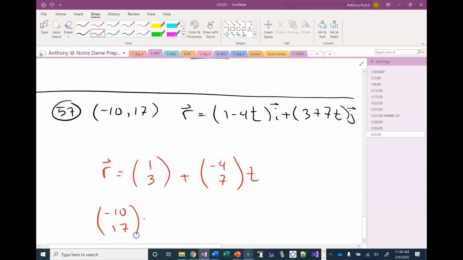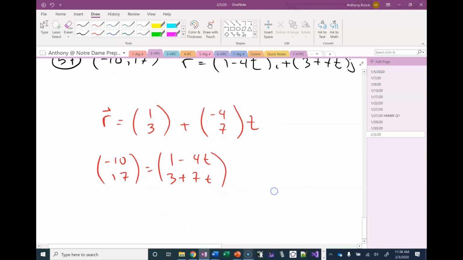So plugging in my x's and y's, I just need to solve for these two equations then and see if I get the same value for t.